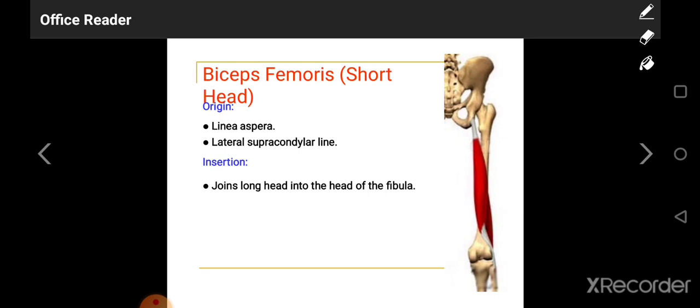This short head joins the long head and inserts into the head of fibula. All these muscles are supplied by the tibial component of the sciatic nerve, and this completes our topic, the muscles of back of the thigh.